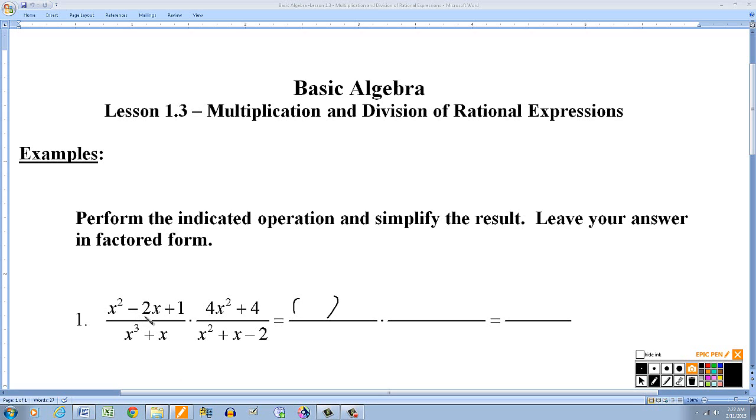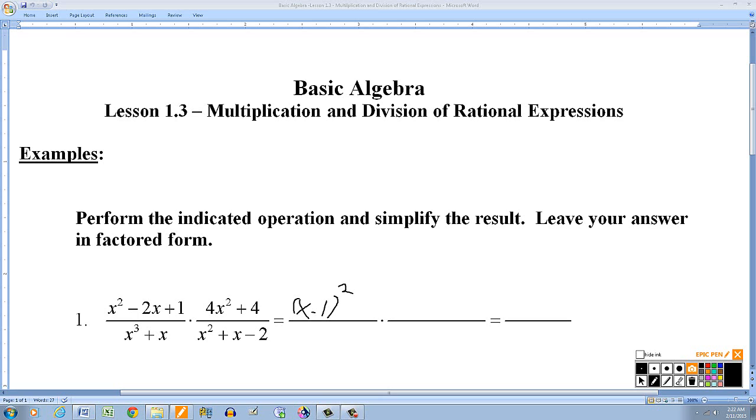GCF is 1, so I proceeded to factor the trinomial, and the third term is positive, so I know that the signs are going to be the same as the middle term, which is negative. The only factors of x squared are x and x. The factors of 1 are 1 and 1, so it makes sense then that we would have x minus 1 and x minus 1 as factors. So instead of putting x minus 1 and x minus 1, I'm just going to put x minus 1 squared. Same thing as x minus 1 times x minus 1.